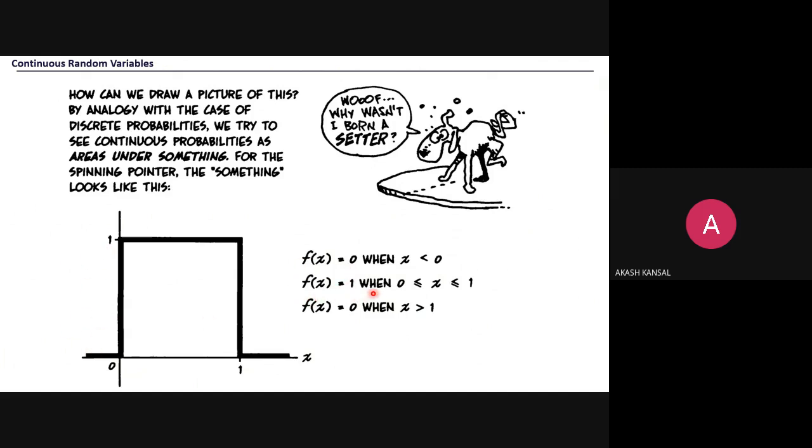Fx will be 1 when the random variable x is between 0 and 1. The probability of landing anywhere between 0 and 1 is going to be 1 because these are the only available values. Moreover, Fx is going to be 0 when x is greater than 1 because this is also not an option. Let's see more of this graph.